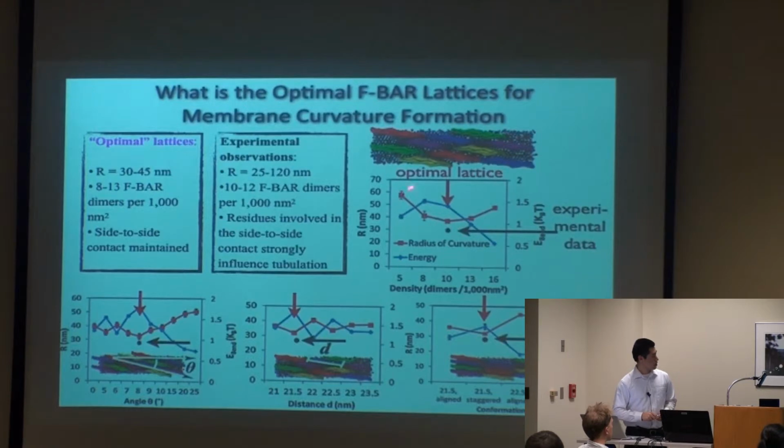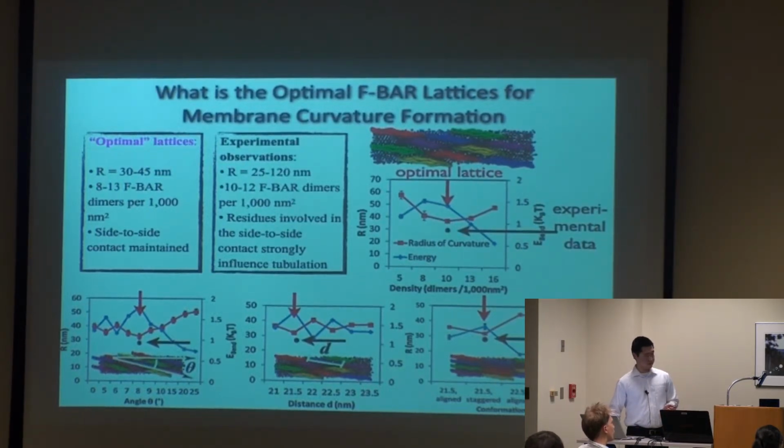The black dot here shows parameters obtained from the cryo-EM image I showed at the beginning of the talk. We can see that the optimal lattice corresponds very well with the cryo-EM image. And by changing the conformation of F-bar domains, the cell can attain a wide range of curvatures with different types of tubules.